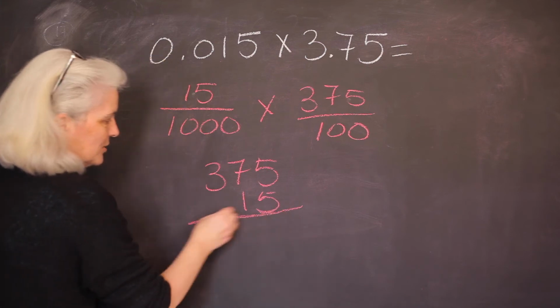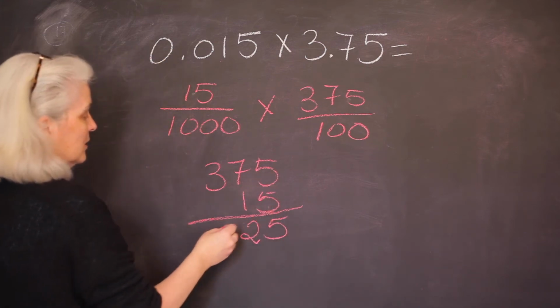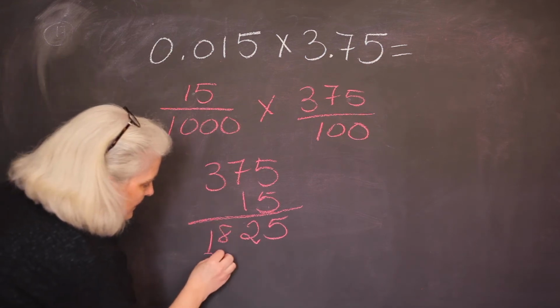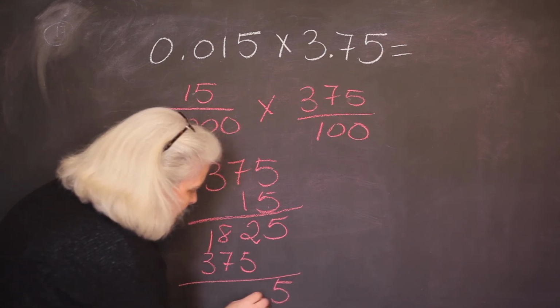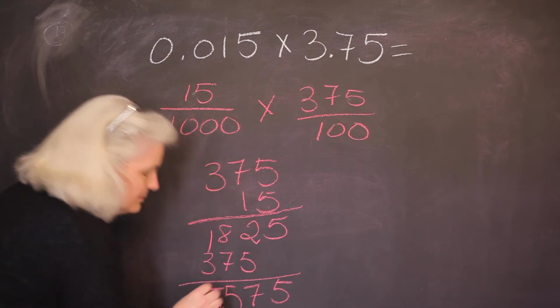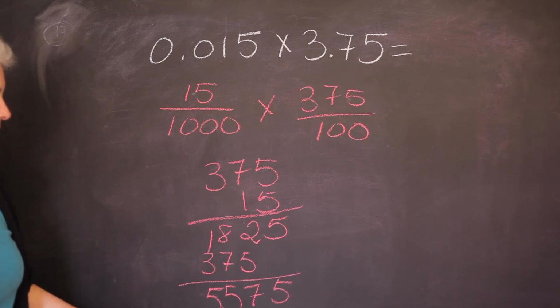So I do that multiplication, 5 times 5 is 25, and so on. And I add these up. So now I have 5,575.